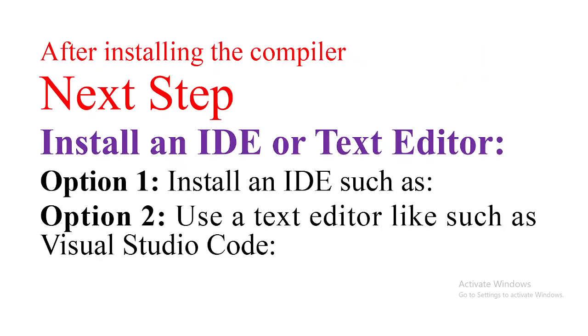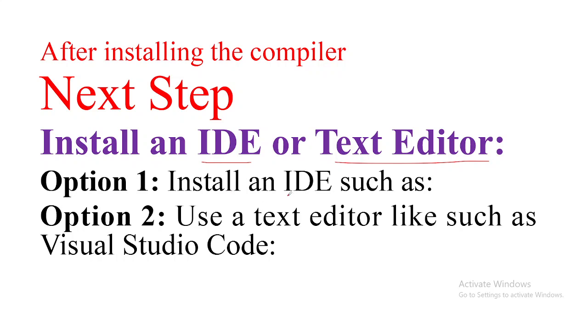So the first step after installing the compiler is to install what you call an integrated development environment or a text editor. So you have two options to work with.